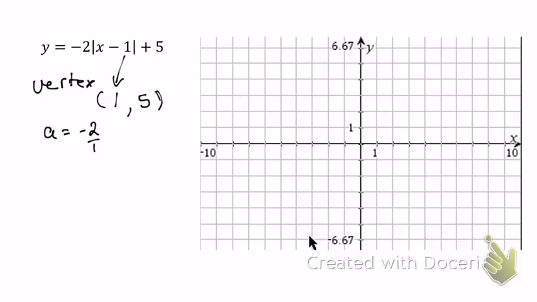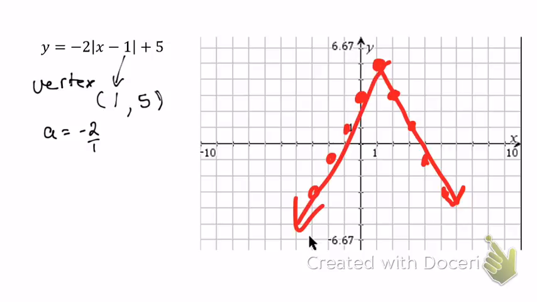So that's going to tell me I'm going to start at the coordinate 1, 5, and my slope is -2/1. I would do the same thing going down and to the left, which gives us a graph that looks like that.